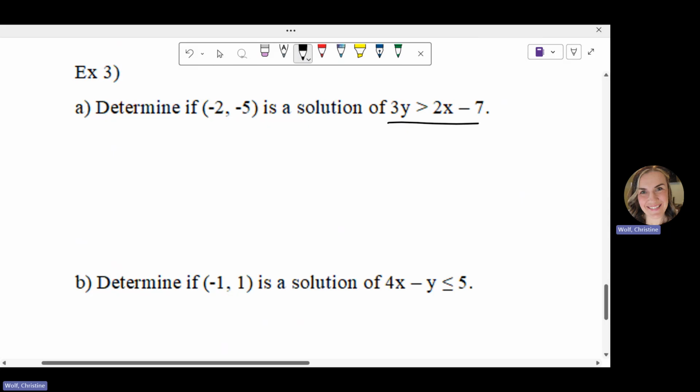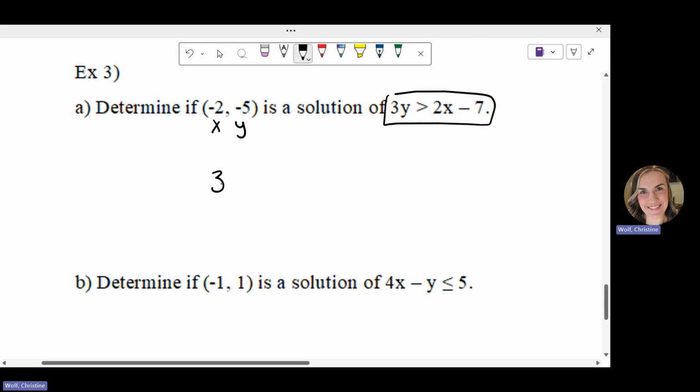What that means is if I were to draw this line and shade, would this point be in the shaded part? Yes or no? So you don't have to actually sketch it to figure this out. All you've got to do is plug in the x and y values into the inequality I give you. And you don't even have to isolate y here. Just use it as is.